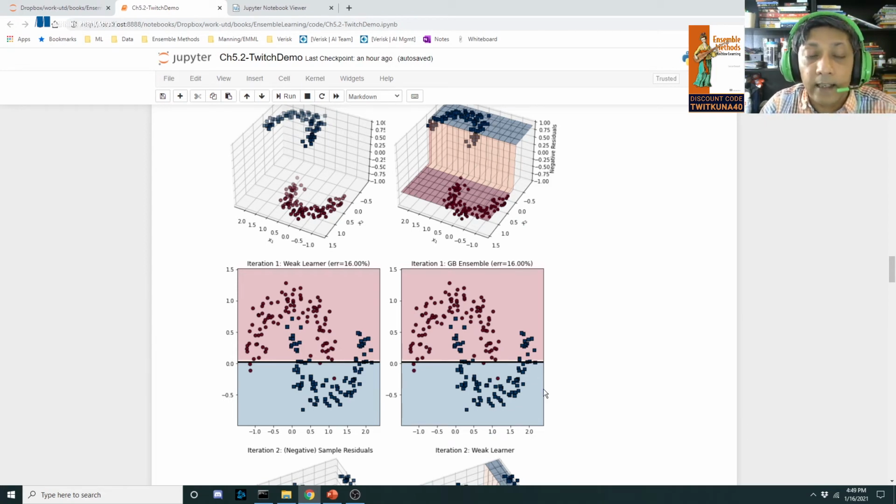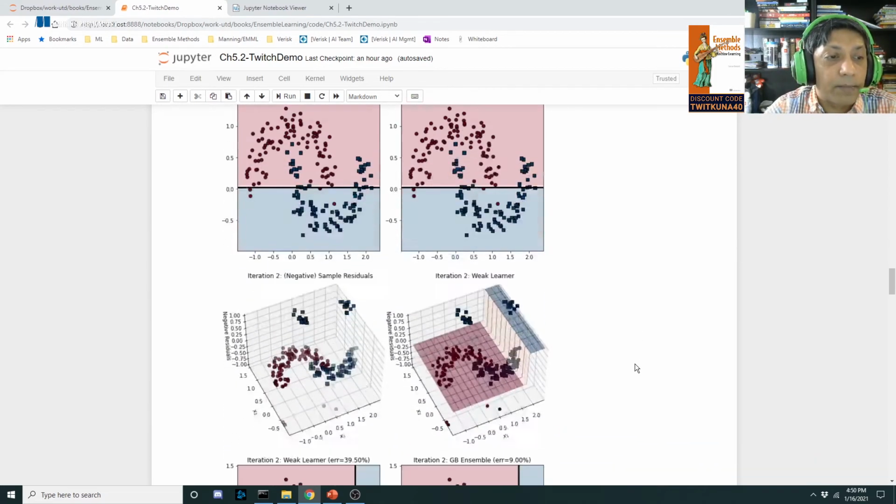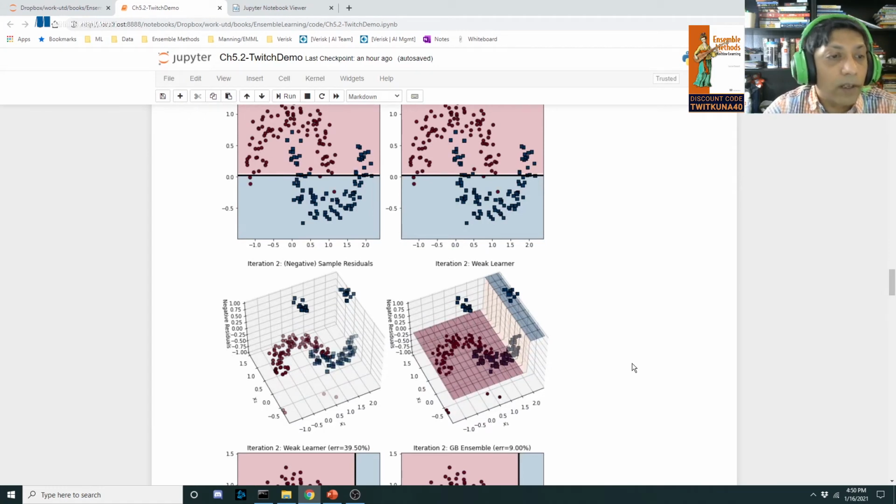Basically, the idea then is that the residuals that we're computing should be higher for these misclassified examples. They should be notably higher, not as close to 0. And so when we compute our residuals as we head into the second iteration, we can see exactly that.